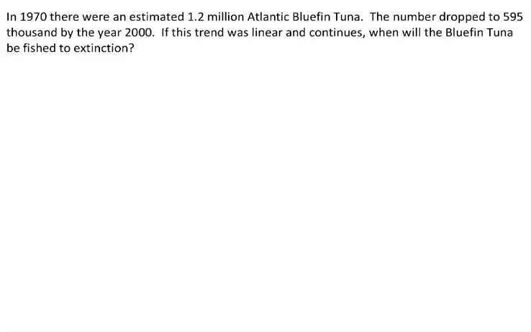So I'm going to let my input, I'm going to call it my variable t because I'm thinking about time. I'm going to use this as the number of years since 1970. So rather than using my time as just 1970 and 2000, I'm going to scale these and look at them as the number of years since 1970.